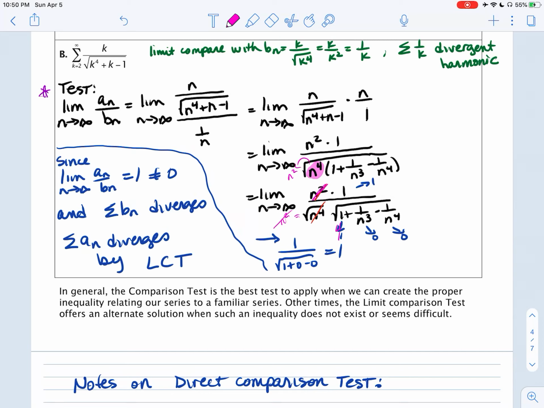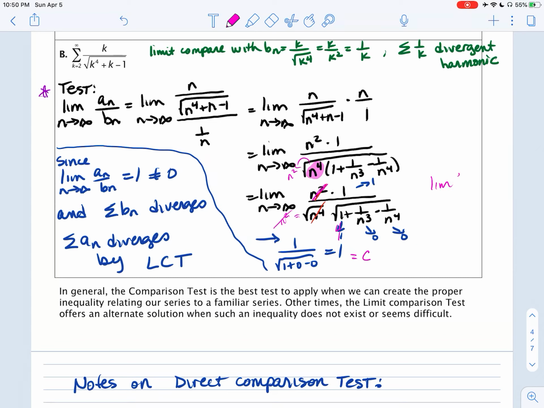And 1 over n to the fourth is going to 1 over infinity. That's also going to 0. So my full limit is going to 1 over the square root of 1 plus 0 minus 0, and that's going to 1.